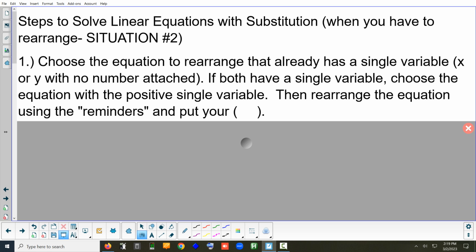Because you're going to be given 2 equations, and you have to choose which one you want to rearrange. You do not rearrange both, only one. But this is how you pick which one to do. The idea is pick the easy one. How do you know which one is the easy one? If you have an equation that you can rearrange that already has a single variable with no number attached, that would look something like this.